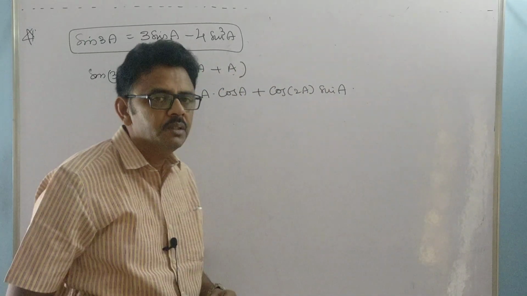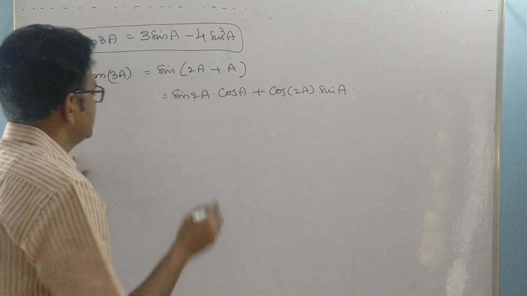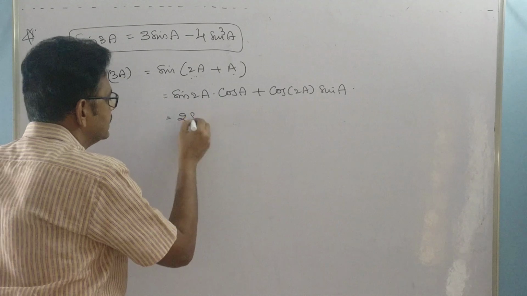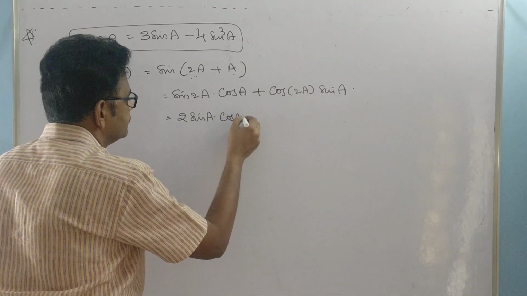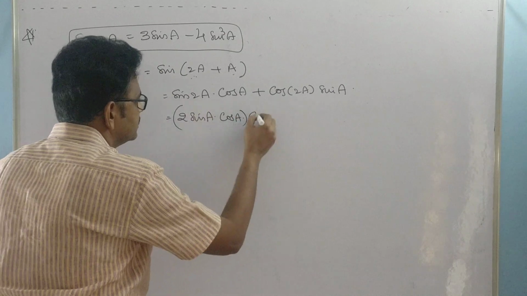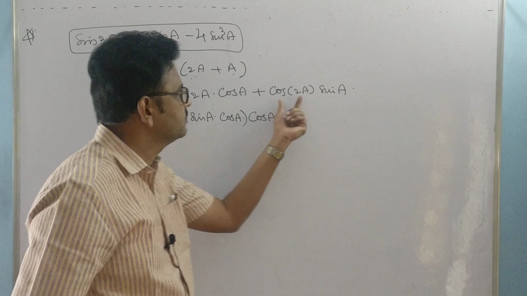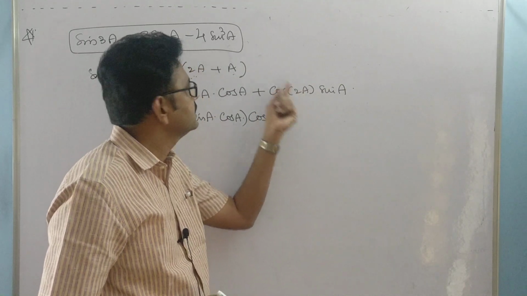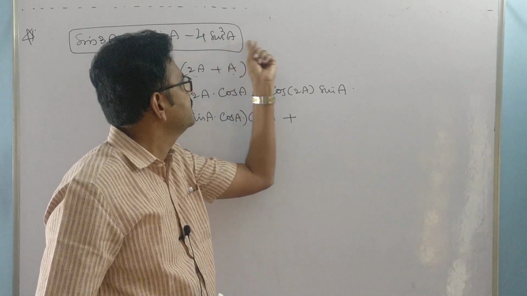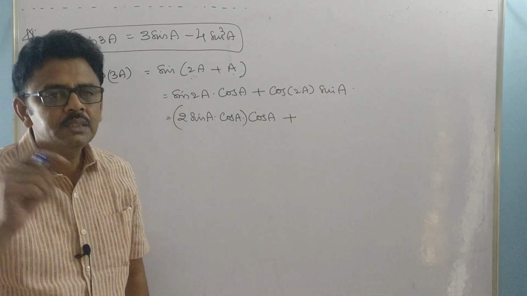Now you know the formula of sin 2A. Just now we have to derive all these formulas. What is the sin 2A form? 2 sin A into cos A, into cos A, plus cos 2A. There are 3 or 4 formulas, so which is suitable? Sin 3A completely in terms of sin, so you have to write the formula for cos 2A in terms of sin.